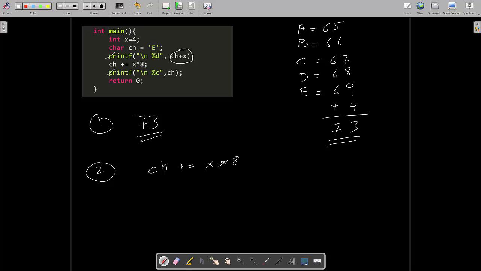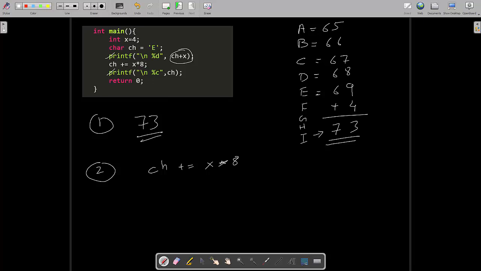If I find out what is E plus 4, E F G H, and this should be I, right? 73 is I. So let us find out this expression.